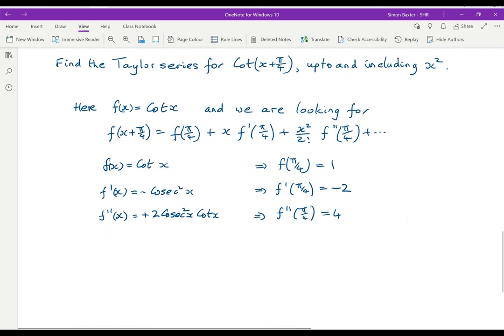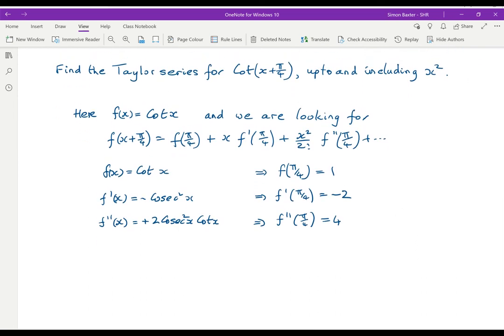So now we're in a position just to put things together. This will tell us that cot(x + pi/4), which is f(x + pi/4), is f(pi/4), which is 1, plus x f'(pi/4). f'(pi/4) is minus 2, plus x squared over 2 factorial times f''(pi/4), which is 4.